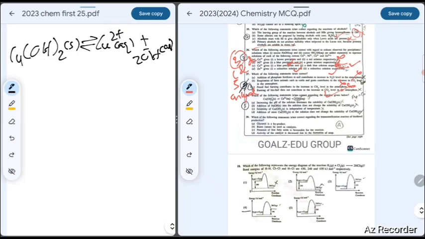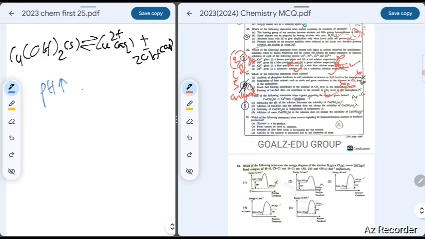First statement, increase in the pH of the solution decreases the solubility of Cu(OH)2. Right. So increase in pH means what?